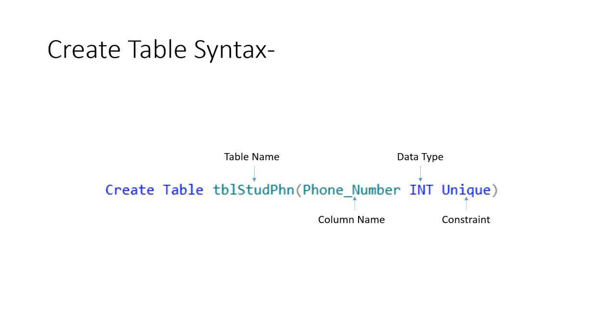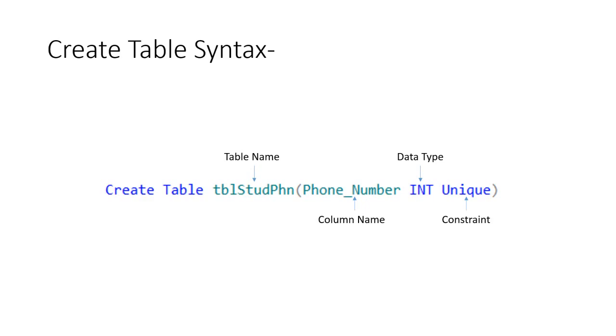Once you mention the data type, you have to mention the constraint. There are several constraints which we have seen in our previous videos. As per your requirement for that table, you mention the constraint. Constraints are just to change the default characteristics or properties of that particular table.